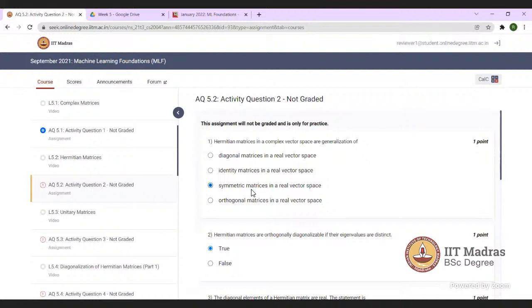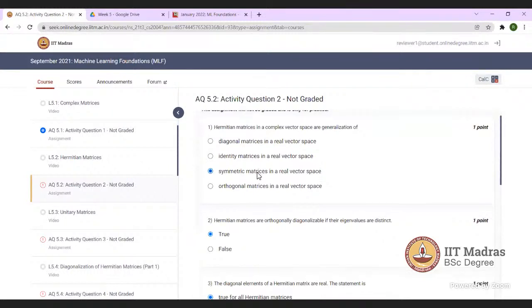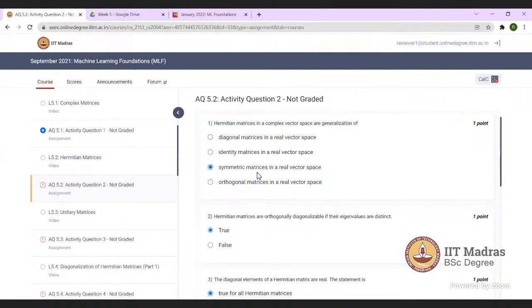Now for the real vector space, the conjugate will always be the same, and the transpose of it, if it equals A, then we define it as a symmetric matrix. So that is why the Hermitian matrix is the generalization of symmetric matrices. Or else you could say a symmetric matrix in a real vector space is a special type of Hermitian matrix where there won't be any imaginary values.